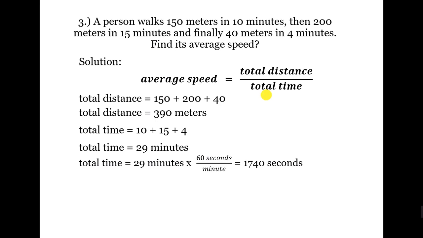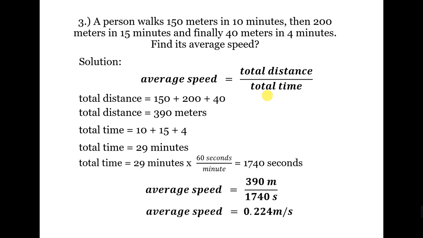Now we can directly substitute the values into the formula. The average speed is equal to 390 meters as the total distance and 1,740 seconds as the total time traveled. Now the answer is 0.224 meters per second as the average speed of the person walking.